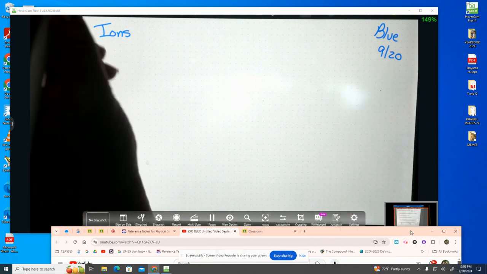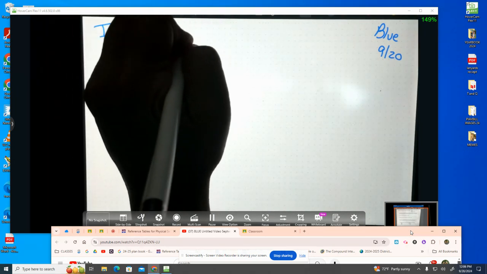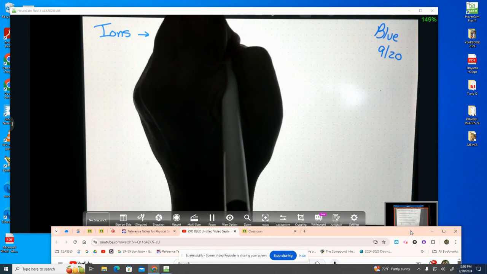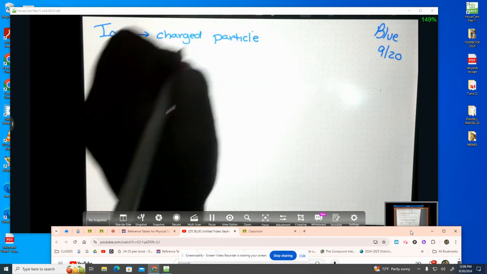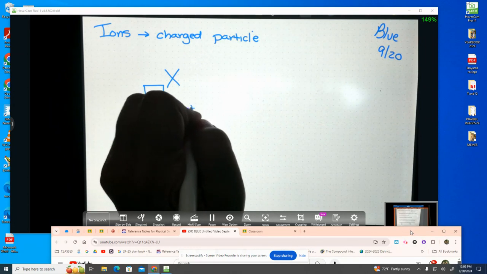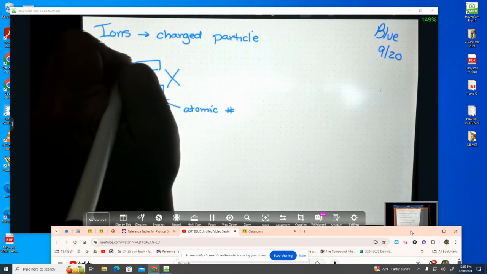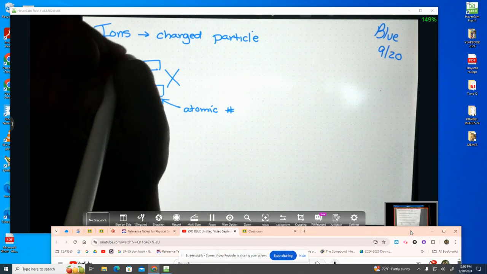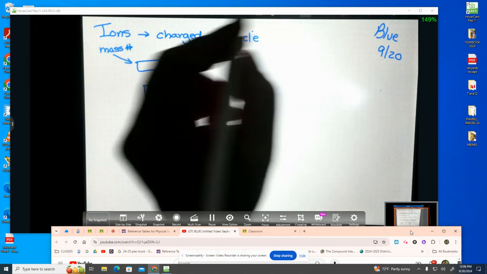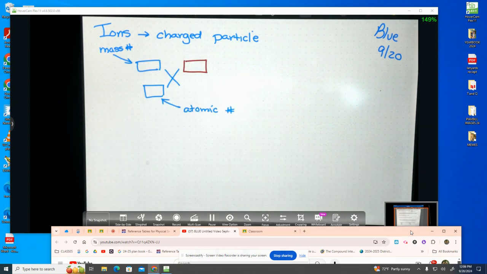An ion is a charged particle. We had this, where this was the atomic number. We had this, which is the mass number. And now we're going to have a new number that's going to go in the upper right-hand corner.